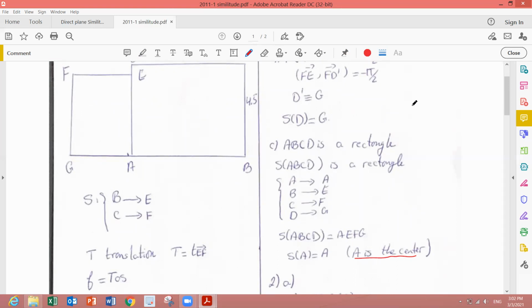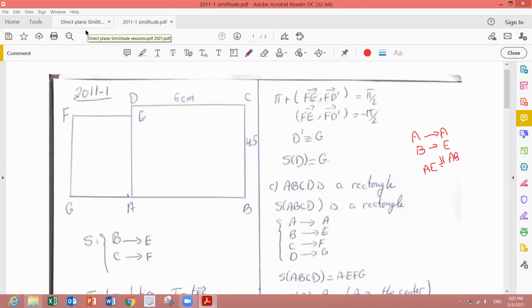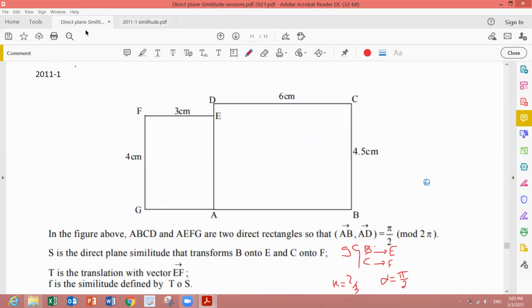What you said: we can say A onto A, for example B onto E. For this to be true, what must we have? We must have AE equal K AB. How much is AE in the given? 4.